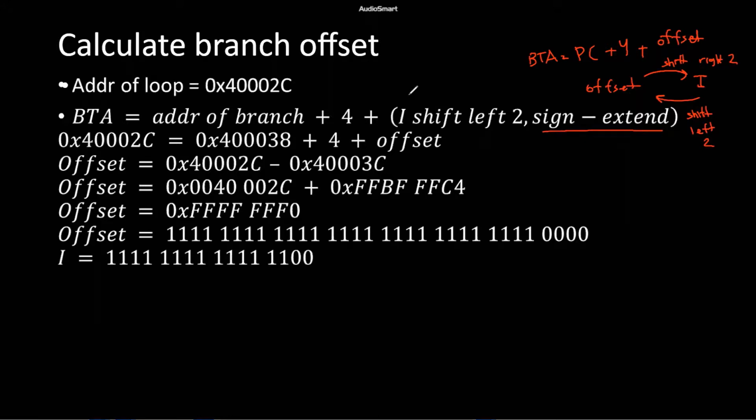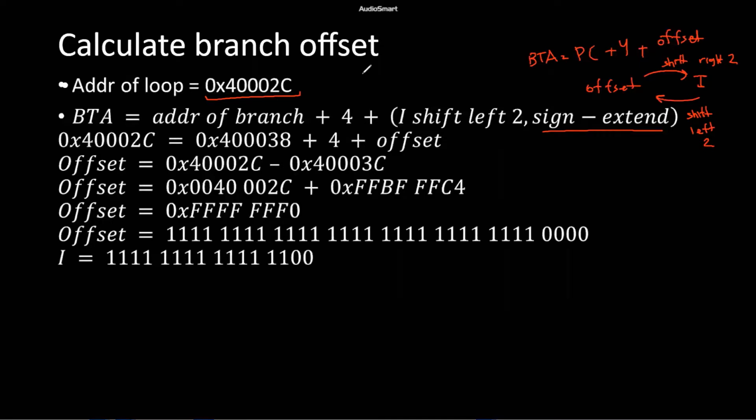Okay, so now let's fill the formula. So the target address is where we want to end up. So that's the final address that we have. And basically that's the address of the loop. So that's where we want to end up. PC is the address that the branch is located on.